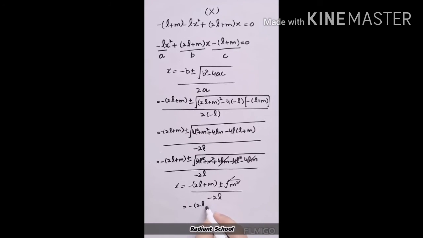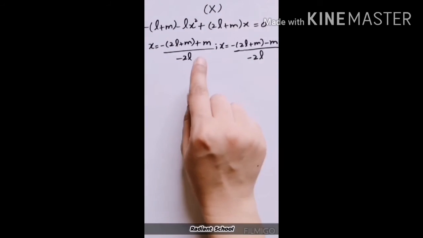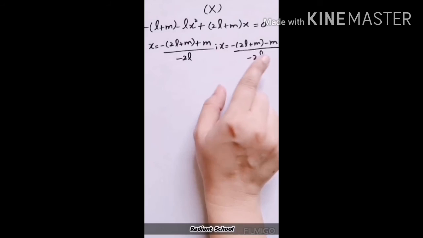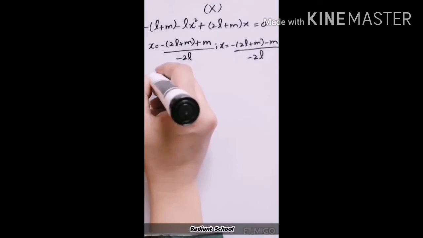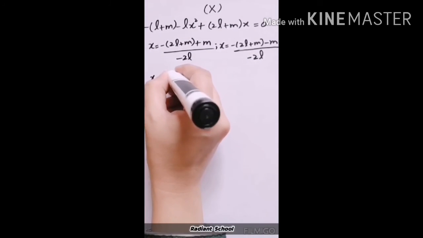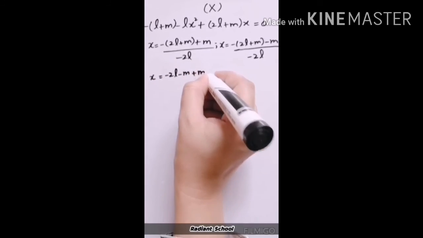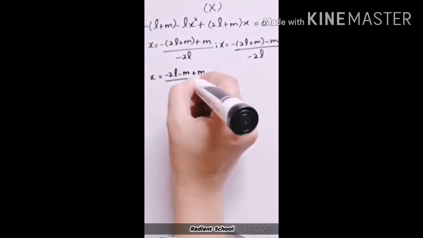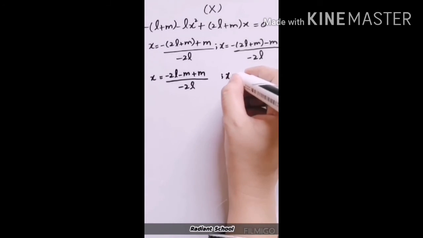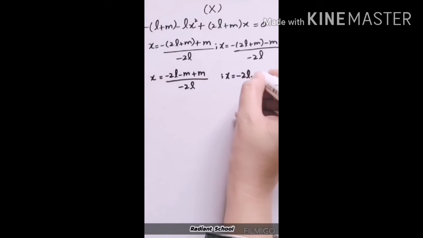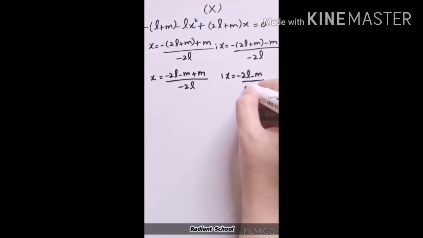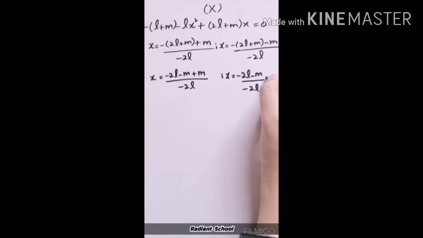Minus 2l plus m plus minus m over minus 2l. Okay students, once we will write with plus m, once we will write with minus m. x is equal to minus 2l minus m plus m divided by minus 2l. x is equal to minus 2l minus m minus m divided by minus 2l.